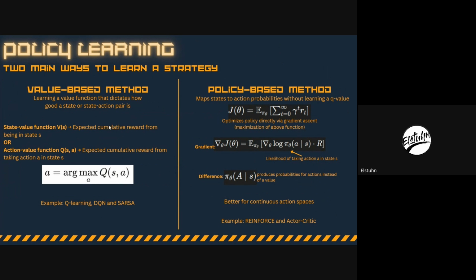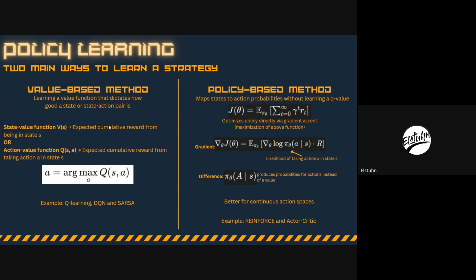So what this means is that the log likelihood of taking action A in state S, meaning every action state pair will be assigned a probability map. And then the likelihood of taking a certain action A in state S and the reward given for taking an action A in state S will also affect the gradient that we get, which affects how big of a change we make also. And then the difference is obviously it produces probabilities for actions instead of a value.